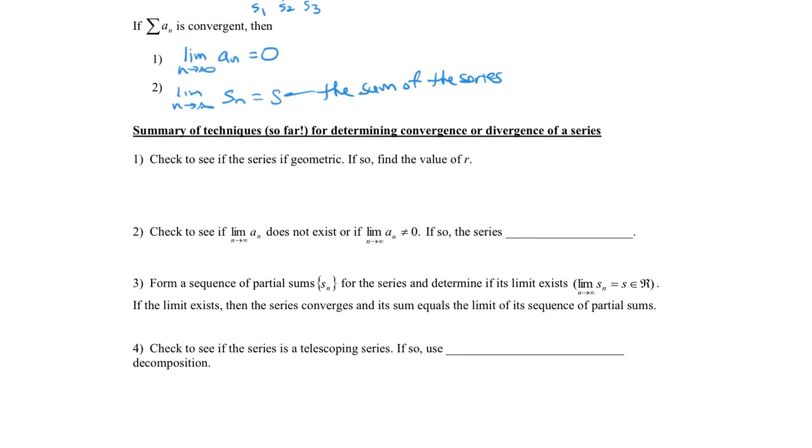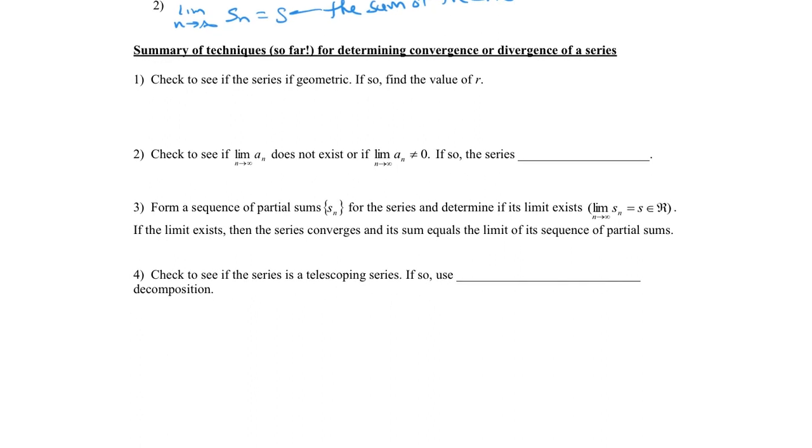Okay, so summary of the techniques so far for determining convergence or divergence of a series. 11.2 is a pretty big section. We could check to see if the series is geometric. If so, find the value of r.